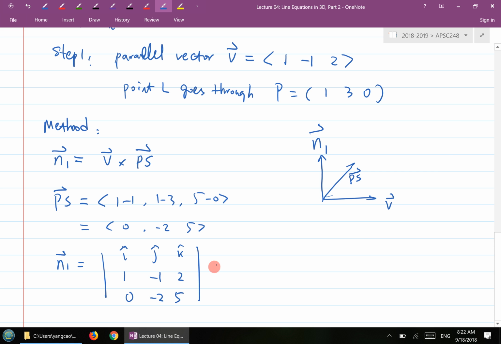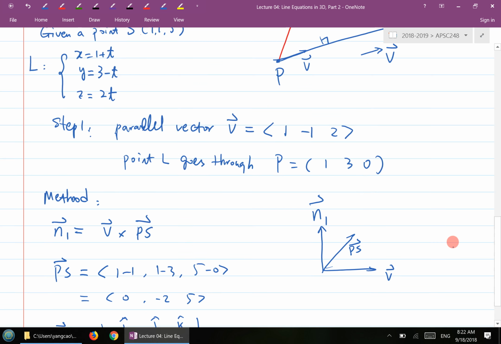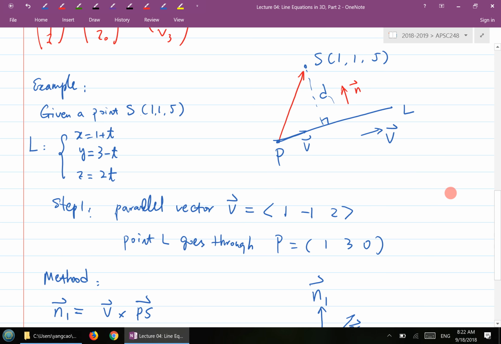So try it out. Is that good? So far so good? Now if you come back to this drawing here, if I use V cross PS, I got a vector perpendicular to the plane, right? To which plane? To the plane containing this whole chunk of lines and points.